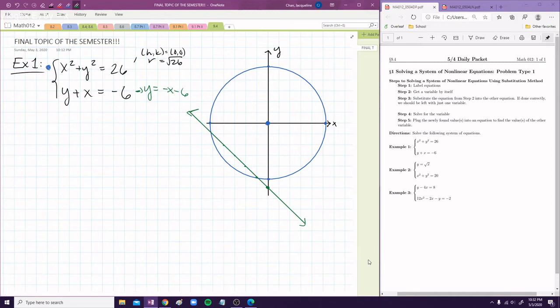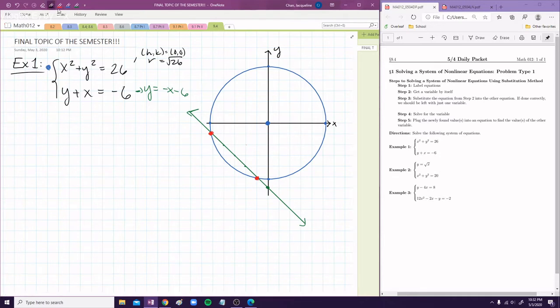So this is what our graph looks like. That means that when we solve for this, we should have two solutions because it crosses here and it crosses here. So this graph is not the most accurate, and I can tell it's not in the dead center. So let's find it.